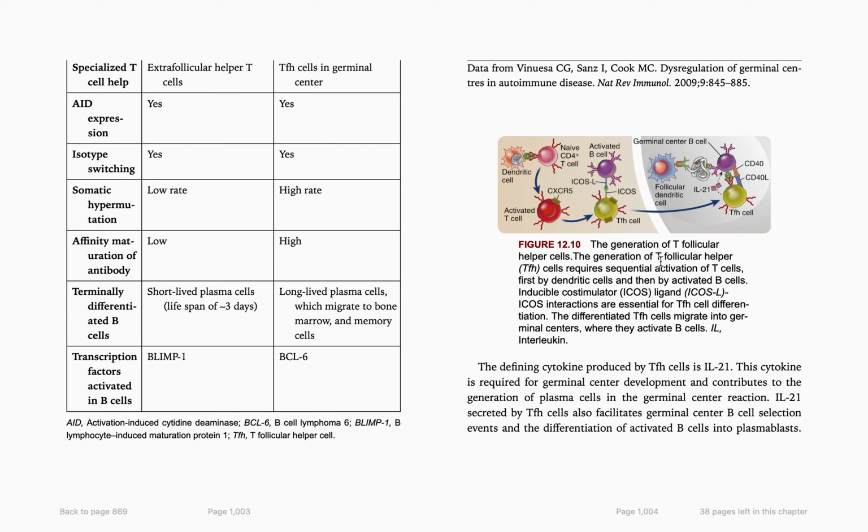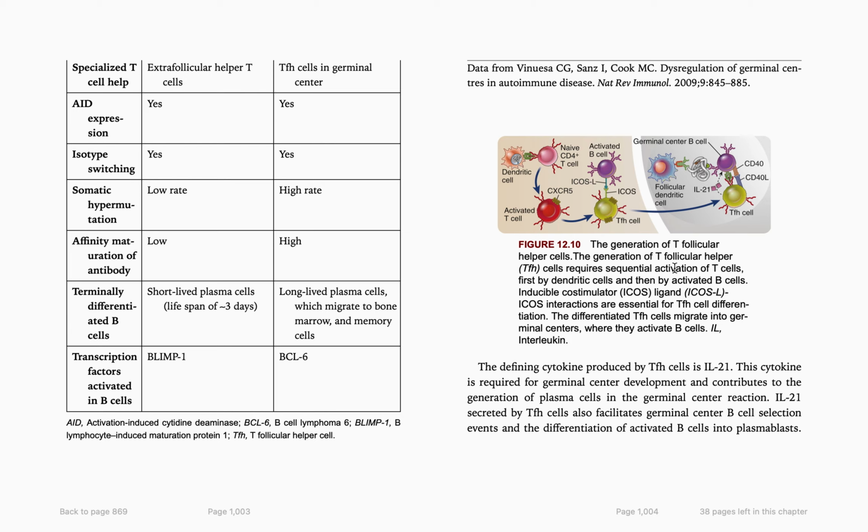Sorry, figure 12-10, the generation of T follicular helper cells. The generation of T follicular helper cells requires a sequential activation of T cells, first by dendritic cells and then by activated B cells.